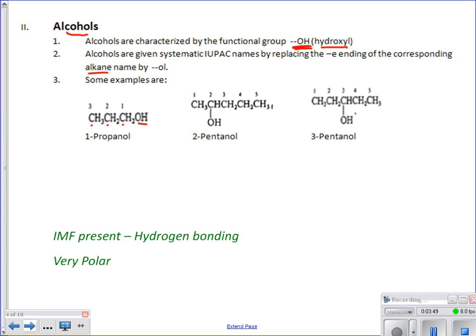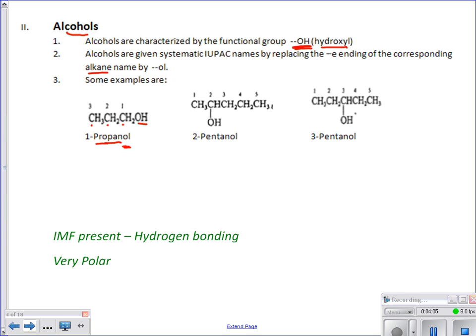But that's not important. We're not going to go into all of that. Just notice that there's 3 carbons, so that's why they named it with the prop and the ane. Instead of the E on the ending, though, it's an OL, so propanol is how that is named.